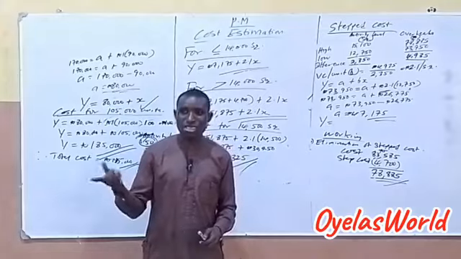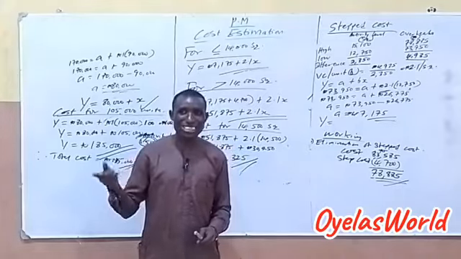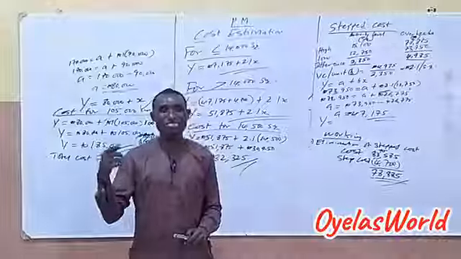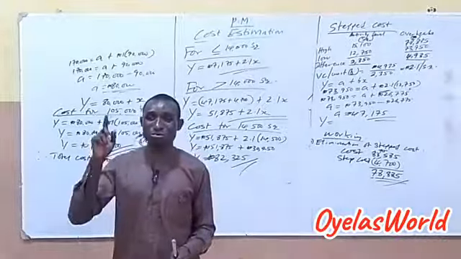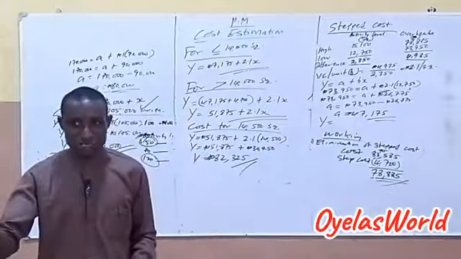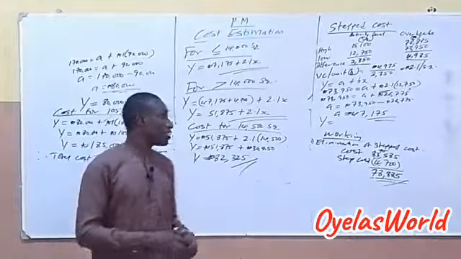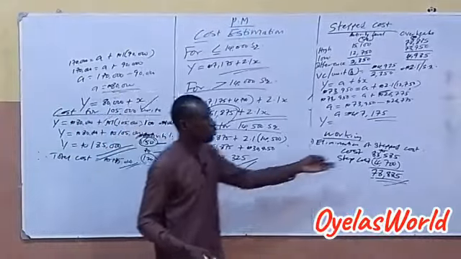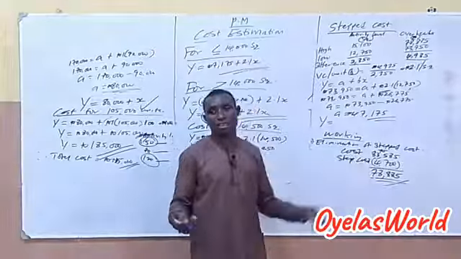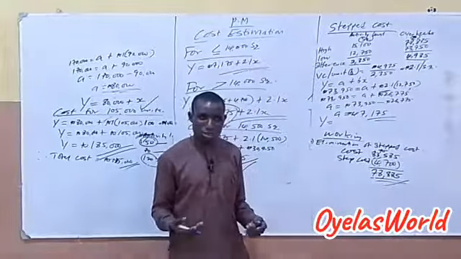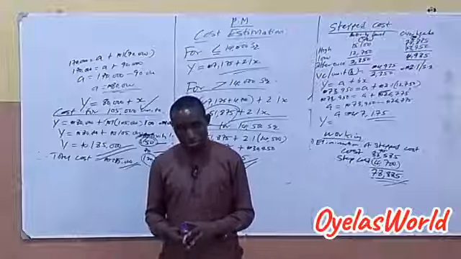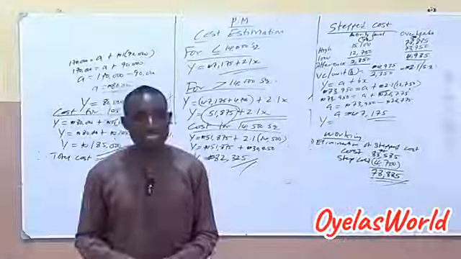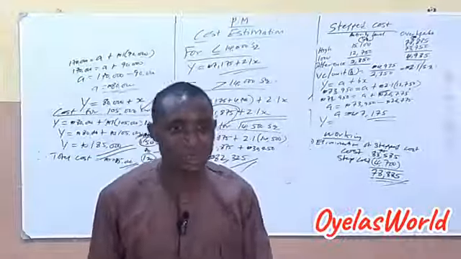But here, the question says the fixed cost increased to 58,000. I get it now. That will come here. But they won't give you that, because you won't know what you need to eliminate from here. That's where the issue is. But please, in PM, increase by is different from increase to.